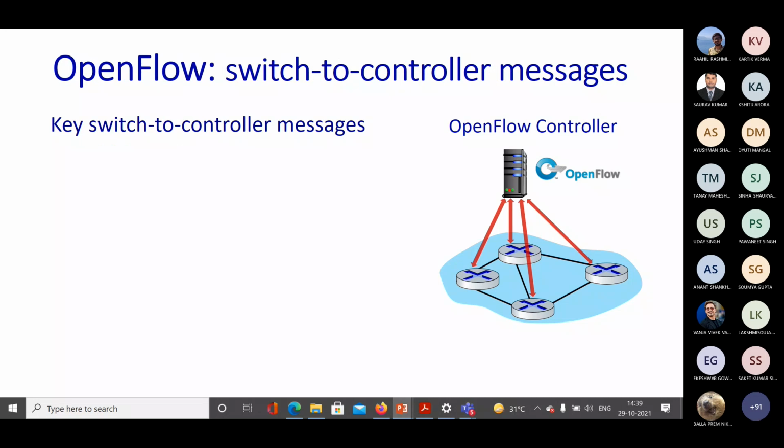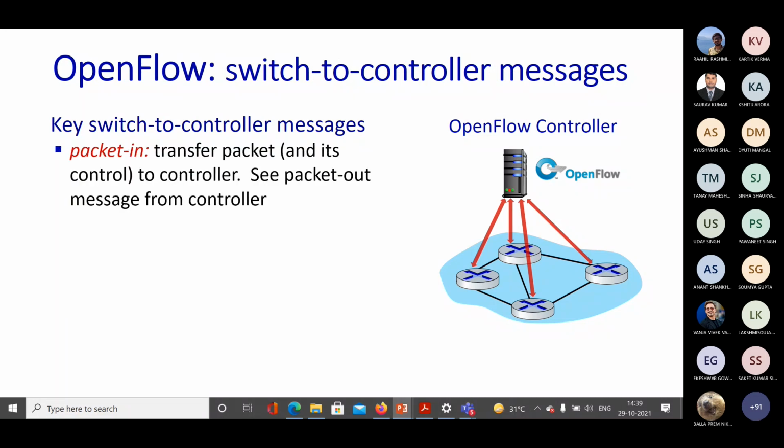Now we are going to look at key switch to controller messages. The first one is packet in, where we transfer a packet to the controller. Then we have flow removed, where the flow table entry is deleted at the switch.